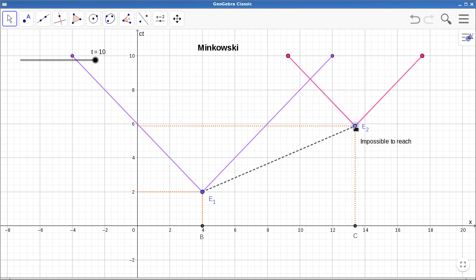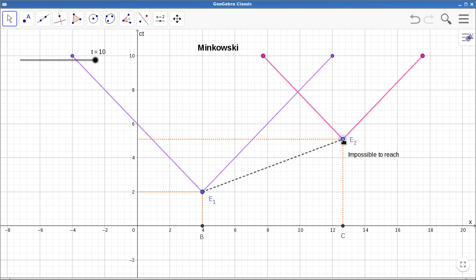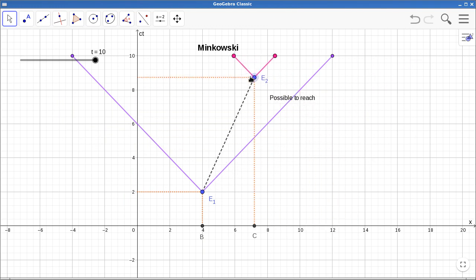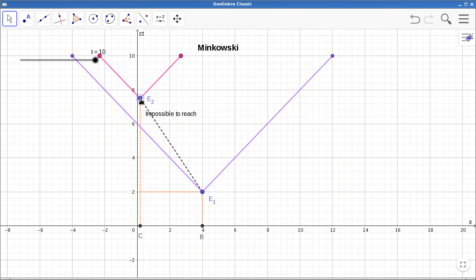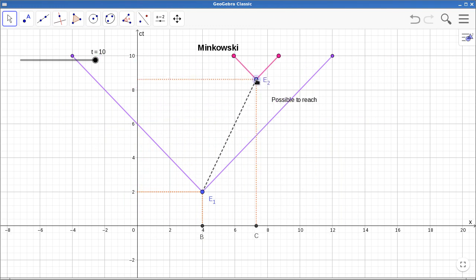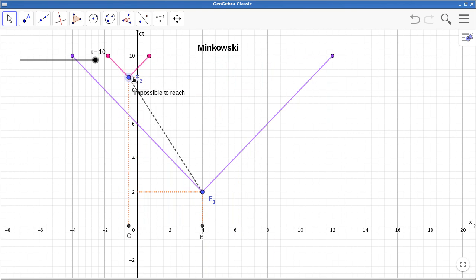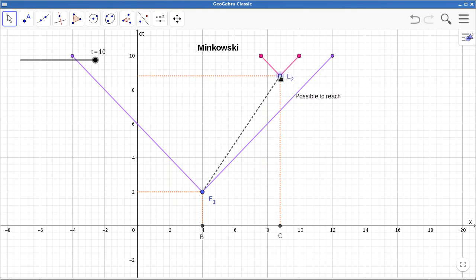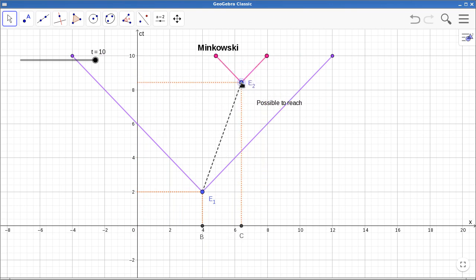All these events are called absolutely separated events. And if event E2 is within this light cone, then all those events will be accessible by E1, and we call them the future of E1.